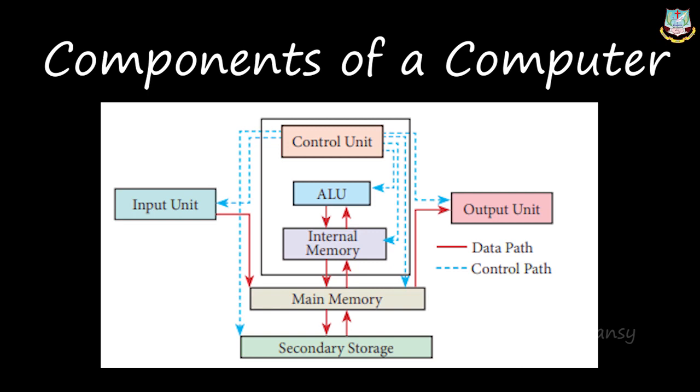Volatile memory means once the system is off, the data will be gone. If you consider the secondary memory, even if the system is off, the data will still be saved in your computer even after the system is switched off. So the examples for secondary memory are hard disk, CD-ROM and DVD-ROM.